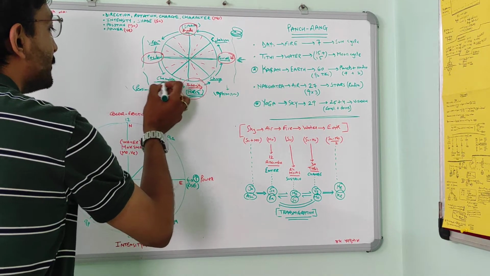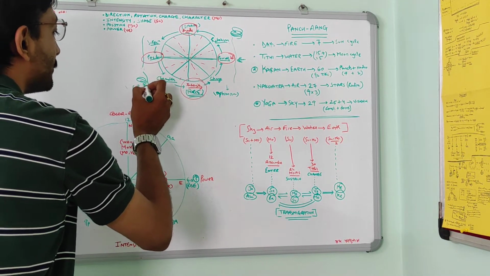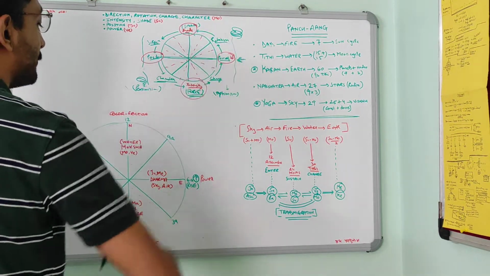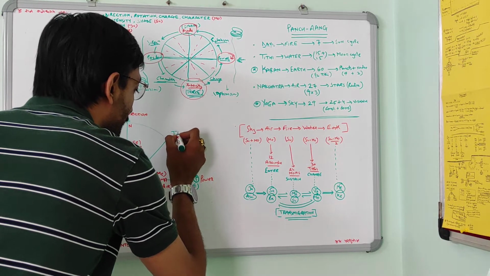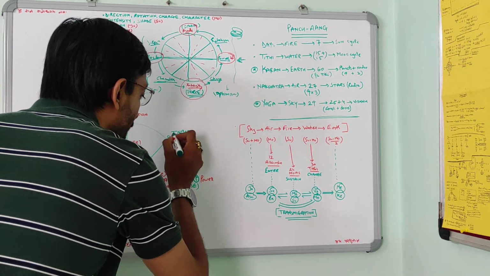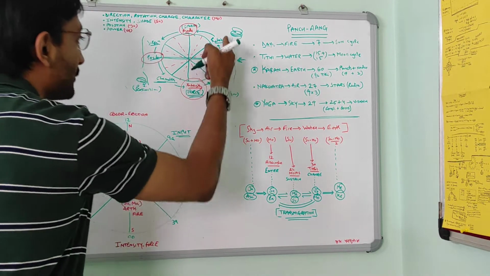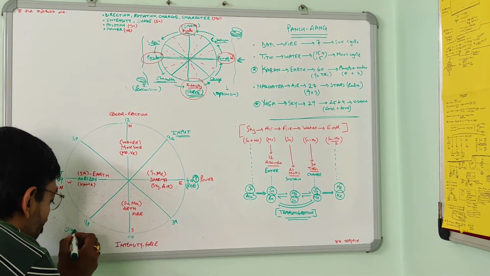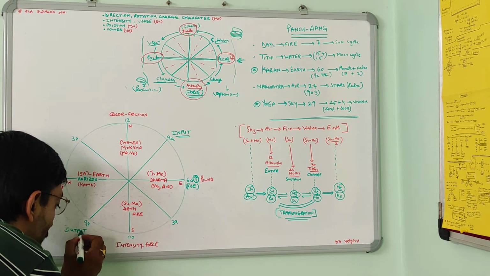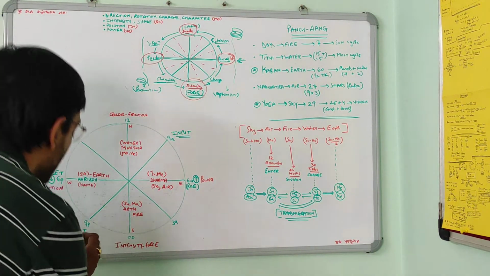On this place you are getting discharged. So this is the input. What is this? This is the point of input, because you are getting charged. This is the point of output, because you are getting discharged.